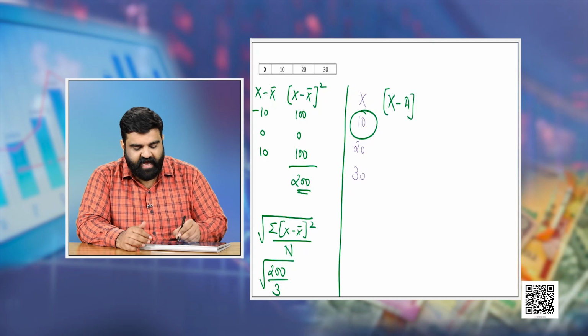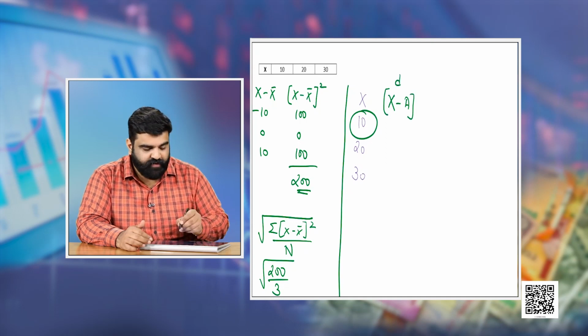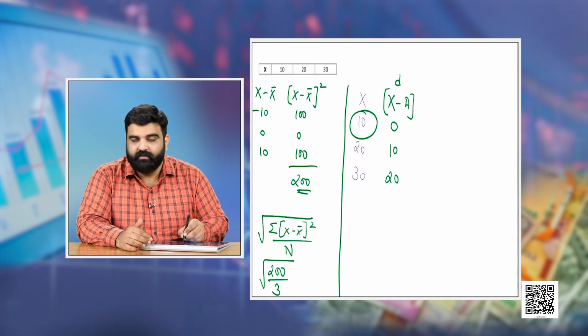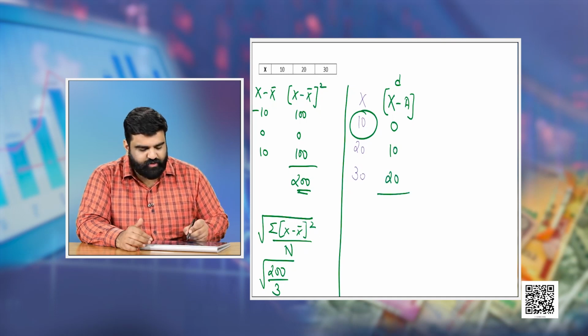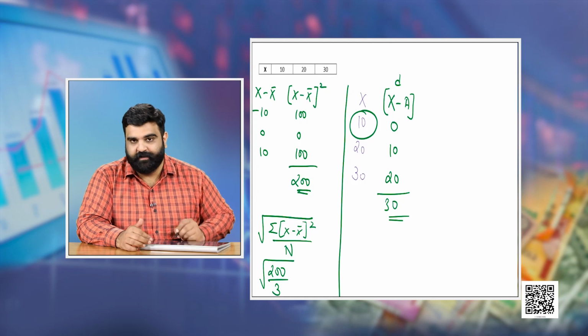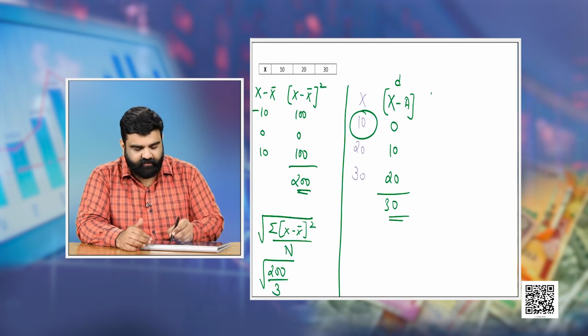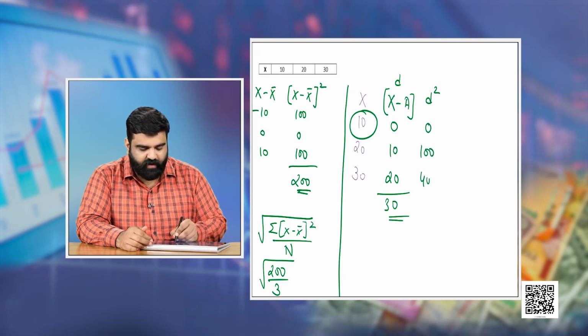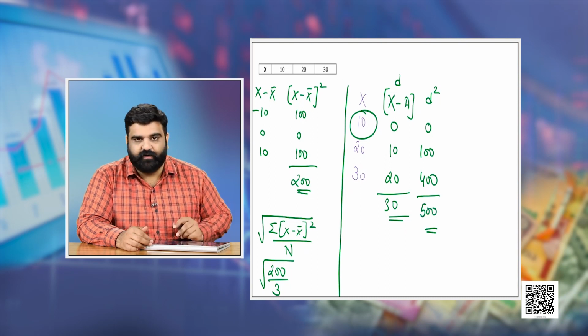Let us call this as d. So, I have 0, 10 and 20. Let us total this out, this will be 30. Now, let us calculate d square, which will be 0, 100 and 400. The total to this will be 500.